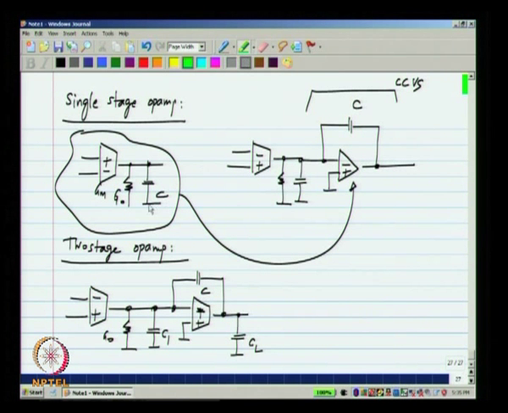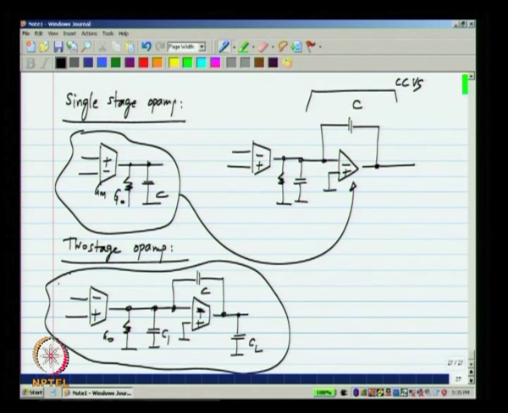Okay. By substituting the single stage op amp in place of this one, which realizes the current controlled voltage source, I got the 2 stage op amp. And I also showed that the 2 stage op amp is better than the single stage op amp because it offers higher DC gain and so on.